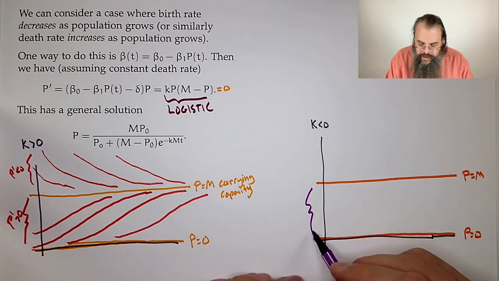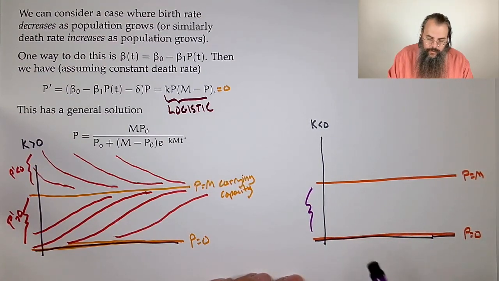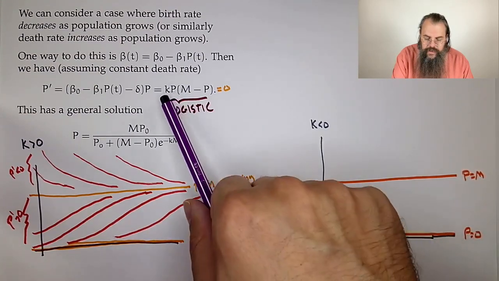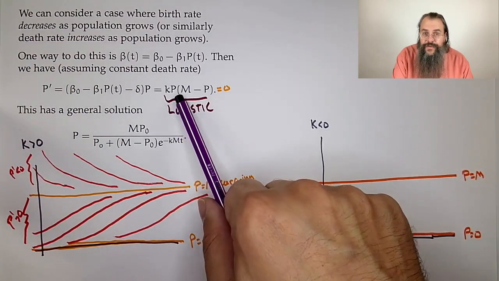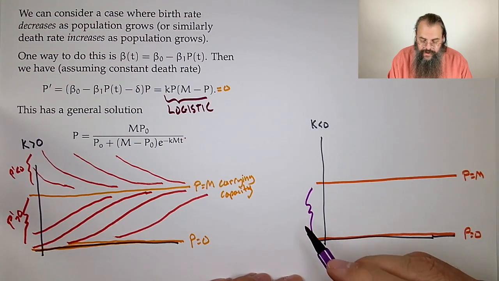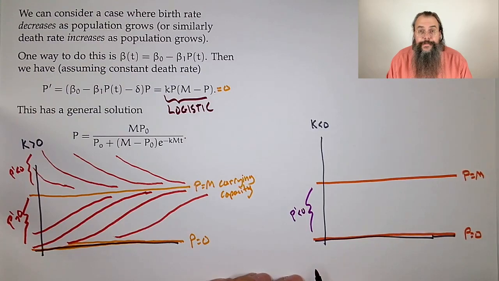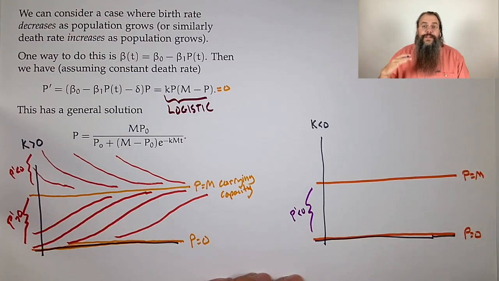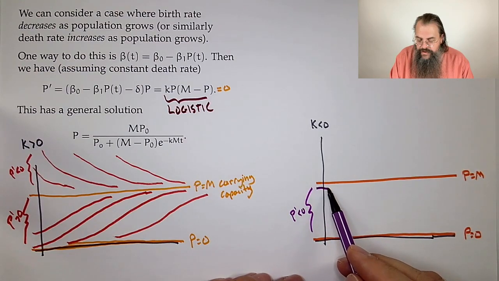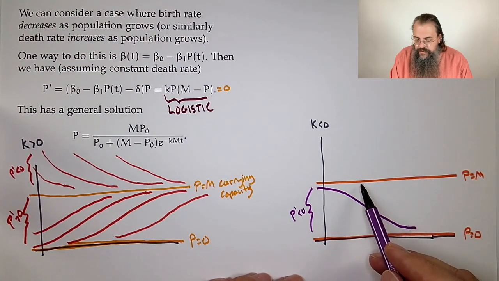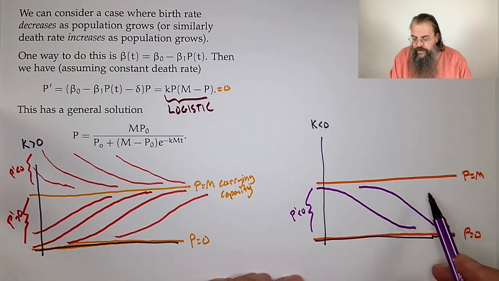Suppose I'm in that range. Well, in this range, K is negative, P is positive, M minus P is positive. So the net effect says, oh, P prime is negative. Which means what? Means that we're going down. So we're actually going to be going somewhat opposite from where we were before.